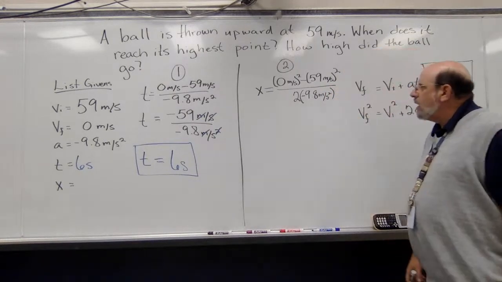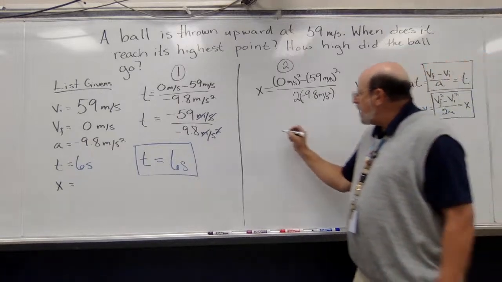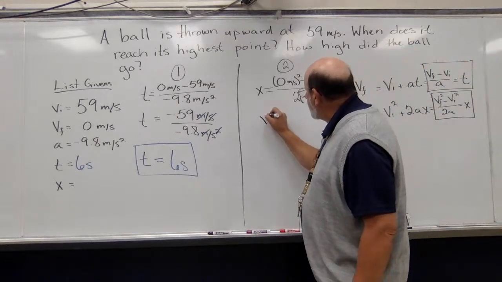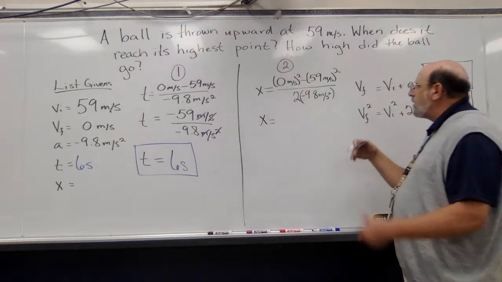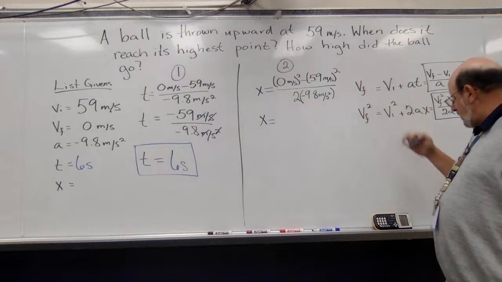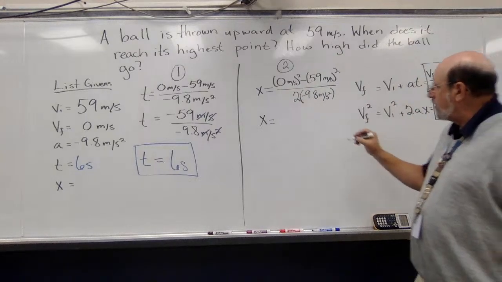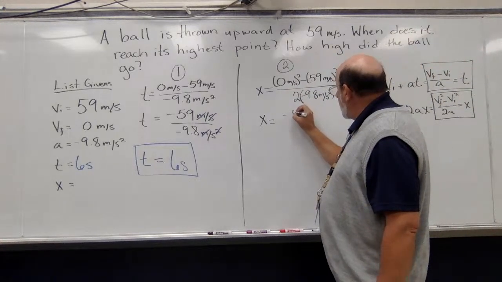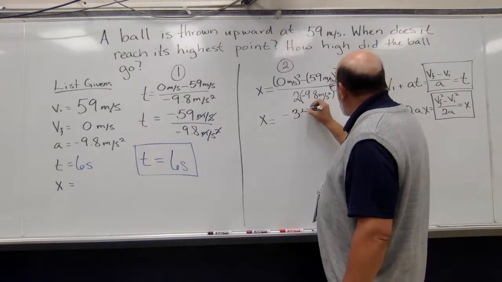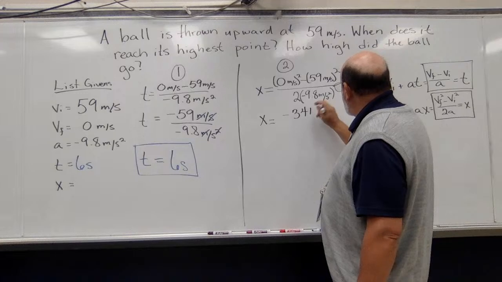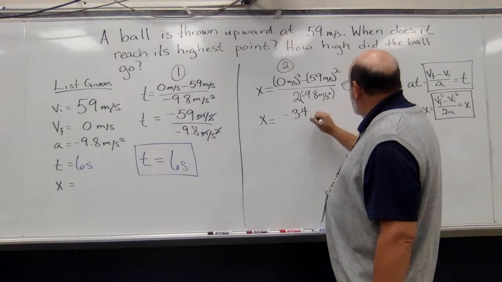Now, here's a big, important idea. 0 squared is 0 minus 59 squared, which is 3,481. Ooh, 81. There we go.